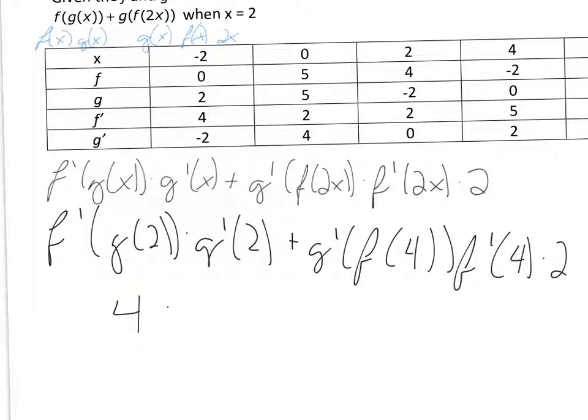G prime of 2 is 0. Oh, that's going to be nice. F of 4 is negative 2. G prime of negative 2 is negative 2. F prime of 4 is 5 times 2. And now this all cleans up very nicely to a final answer of negative 20.